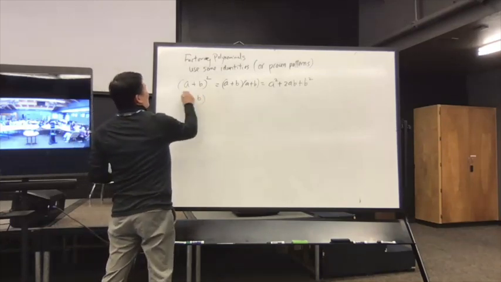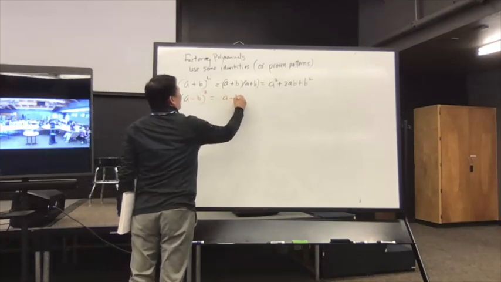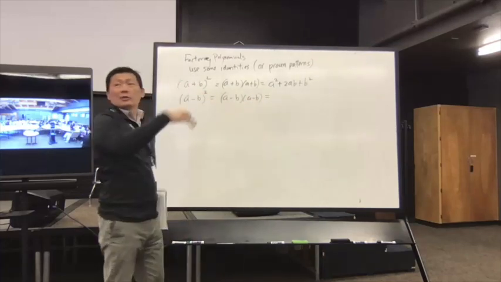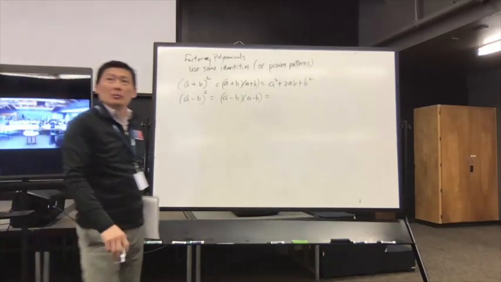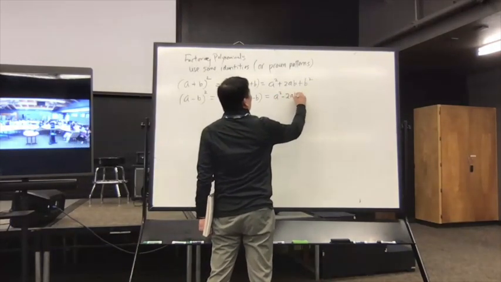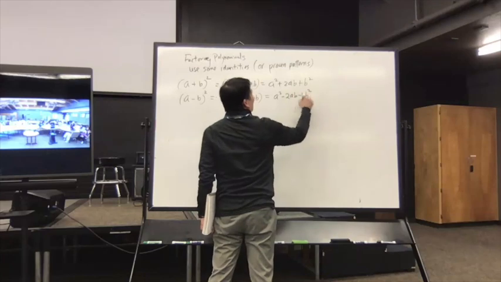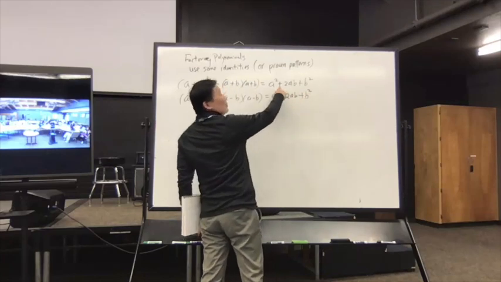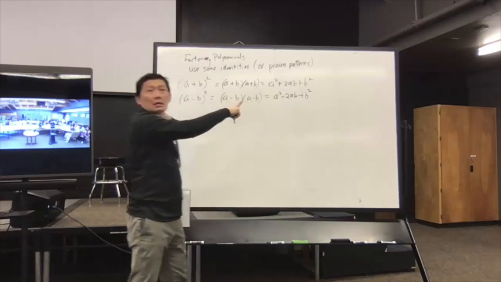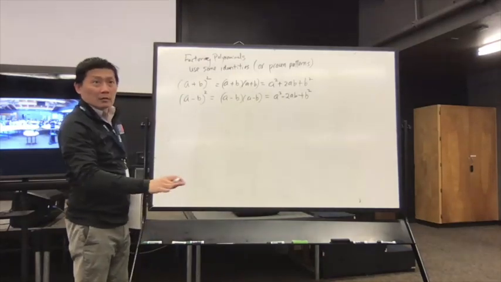A minus B squared is equal to A minus B times A minus B. If you take the time to multiply it out like we did over here, you're going to have A squared minus 2AB plus B squared. The only difference is a plus here, minus here. Okay? This is the first one.